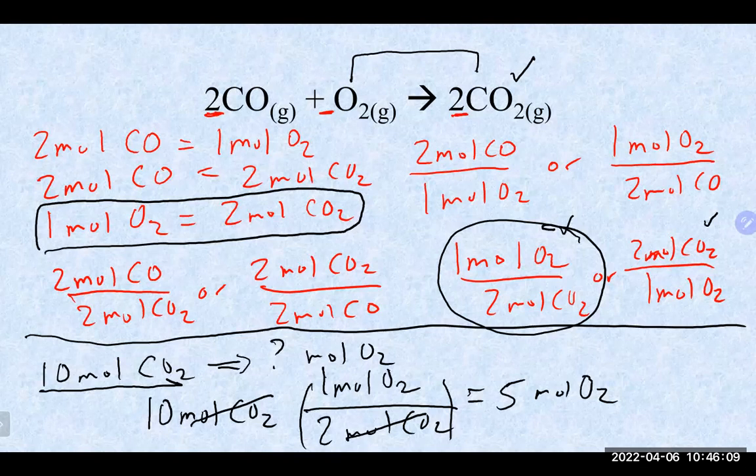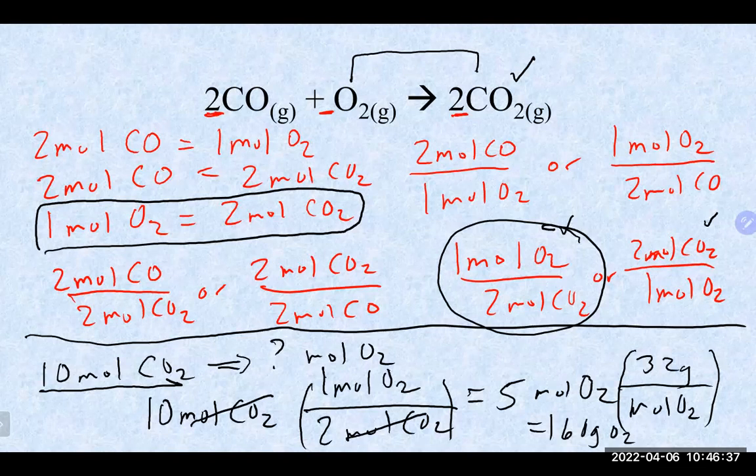And if we wanted to know how many grams that would be, we could do the fourth step. We would need the molar mass of O2, which I believe is 32 grams per mole. And we could go 32 grams per mole of O2, and that will get us about 160 grams of O2 necessary here.